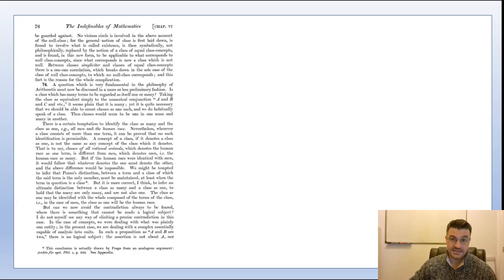But we've seen that A and B is a particular combination of A and B. It doesn't denote A, and it doesn't denote B. It denotes A and B collectively, rather than distributively. Collectively, okay. So there is a unity there, but evidently a very weak kind of unity.